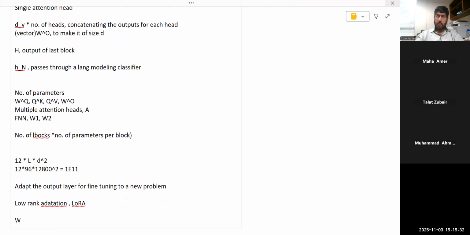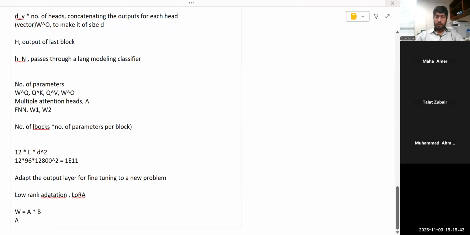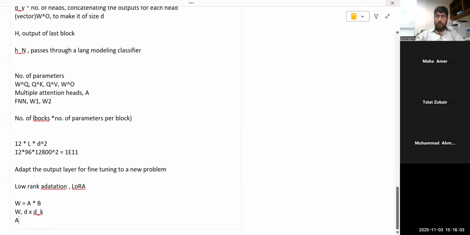What we do is we approximate this W by A and B, A multiplied by B, where A and B are matrices also. ठीक है, so let's say मैं W एक लेता हूँ, W मेरा let's say WQ है, इसका साइज क्या होगा, D इंटू DK, ठीक है। So then A मैं define करूंगा as D into some small value R, and B as R into DK, where R is small.